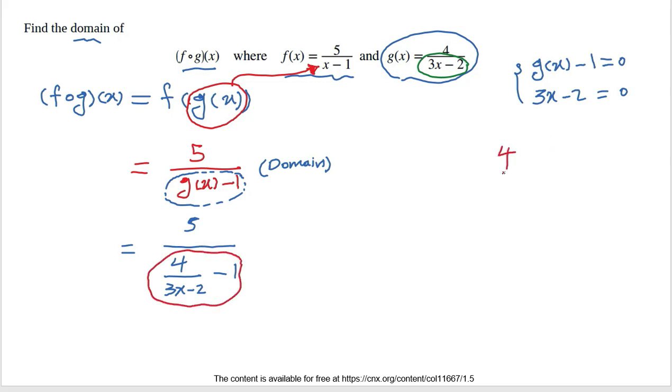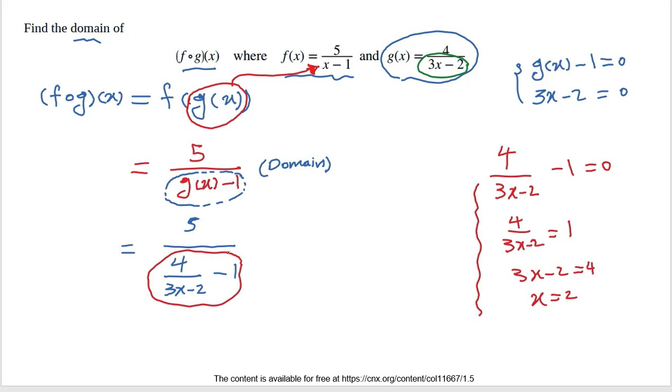So 4 over 3x minus 2 minus 1 is equal to 0. 4 over 3x minus 2 is equal to 1. 3x minus 2 is equal to 4. x is equal to 2. So all numbers except 2.